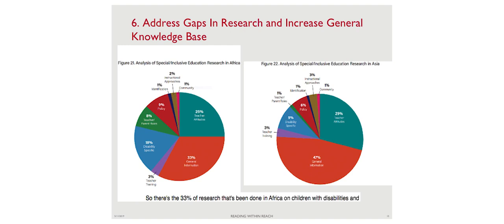So there's this 33% of research that's been done in Africa on children with disabilities and education for children with disabilities that's in the sort of more generalized area, and 47% in Asia, whereas there are lots of, as Anne's first graph showed, lots of little sub-areas that you're going to need to be thinking about as you design your inclusive education programming.